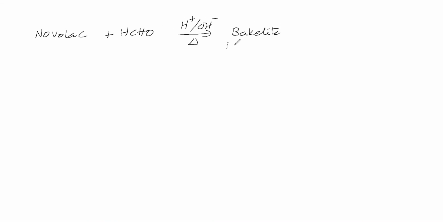This Bakelite is an infusible solid mass. How will this Bakelite be formed? That we will see, the Bakelite structure. This is OH. Here a phenyl ring. Here CH2 group acts as a bridge.